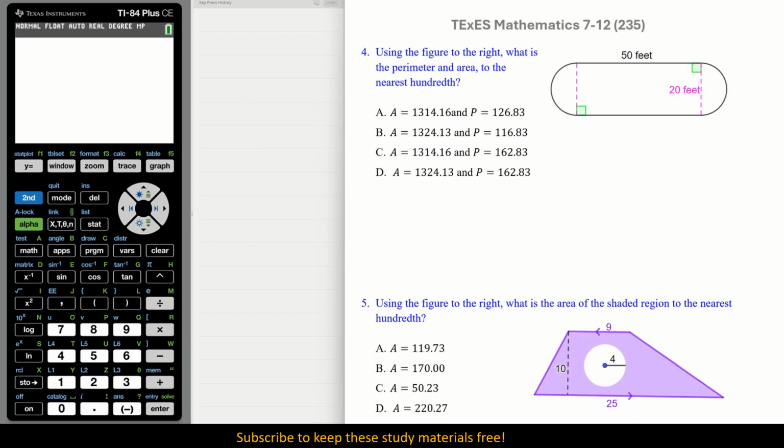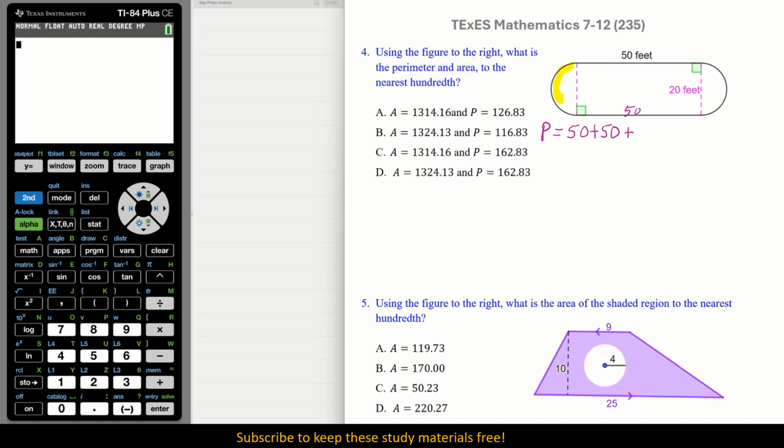Number 4, using the figure to the right, what is the perimeter and area to the nearest hundredth? Okay. Here's the deal. Let's look at the perimeter first. For the perimeter, we have, okay, the perimeter equals 50 plus 50, okay? Now, plus, don't waste your time and effort.